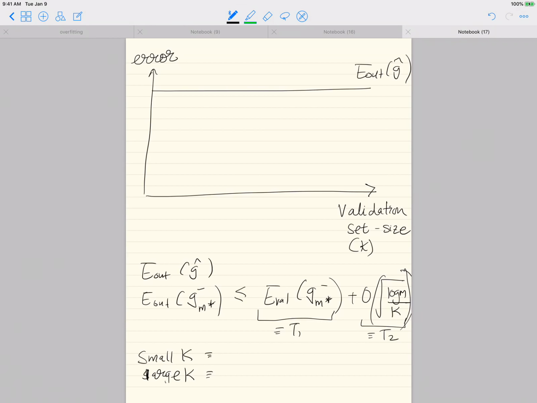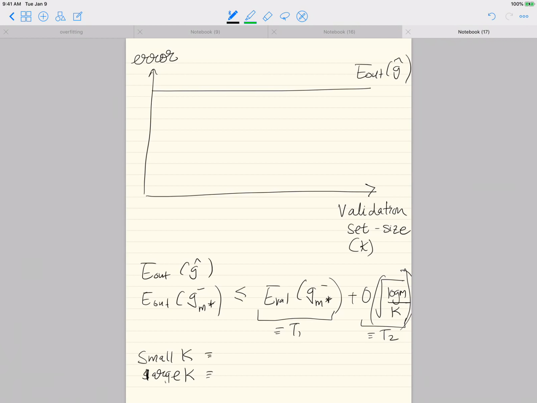When K is small, will E val be generally smaller or larger? Any guesses? Let's take a vote. How many think it's small? That's the right answer because when K is small, N minus K is large.